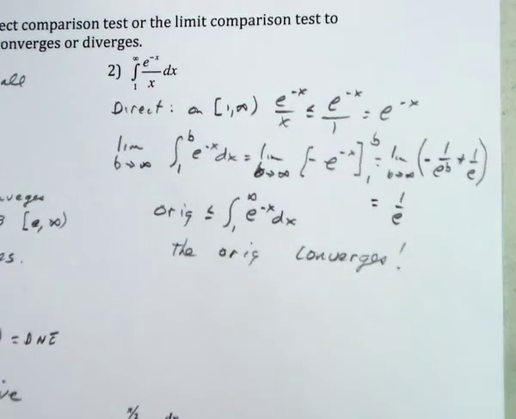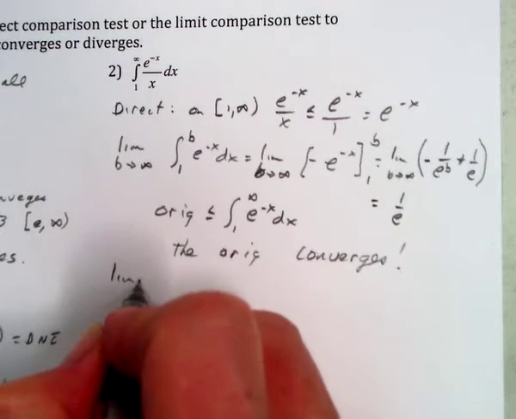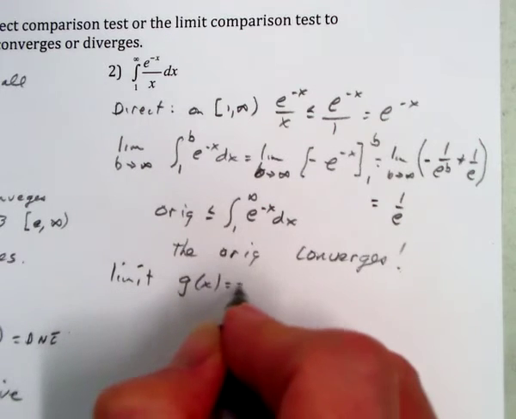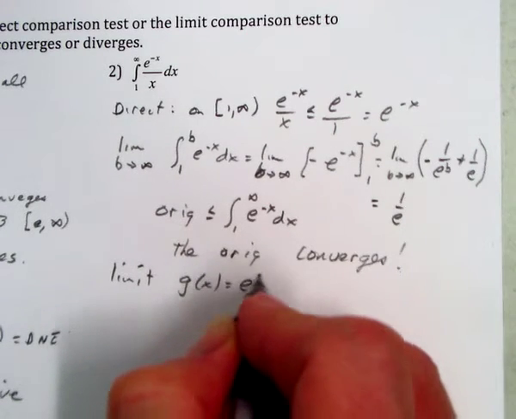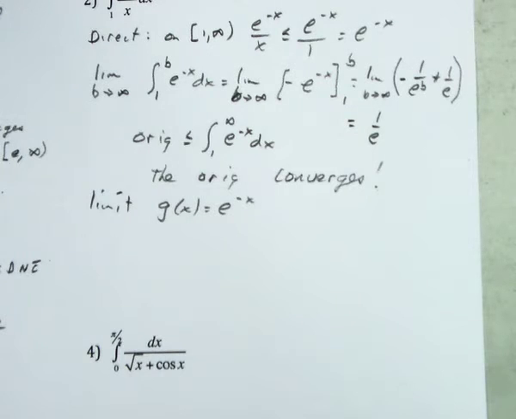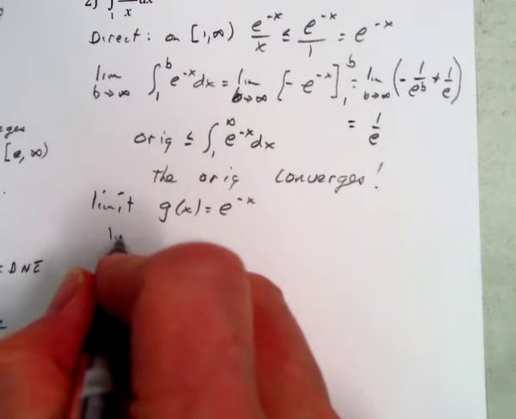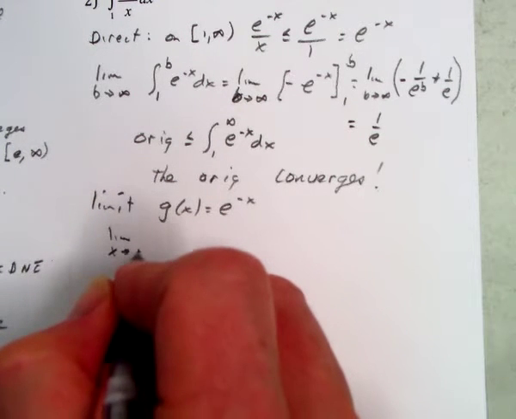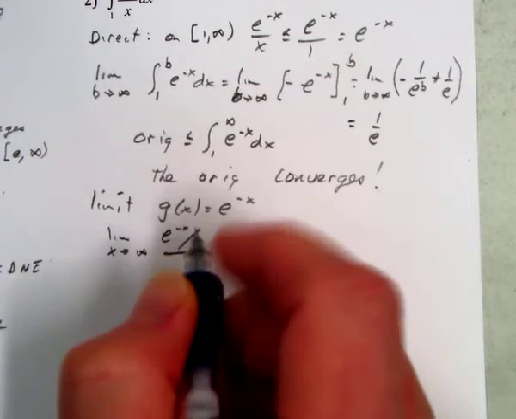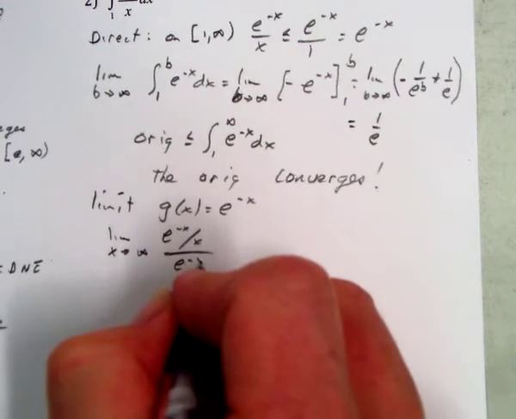Let's look at the limit. We will say g of x equals e to the negative x. Just like we looked at before, we're going to look at what function is going to be the dominant one here. So we'll have the limit as x goes to infinity of e to the negative x over x divided by e to the negative x.